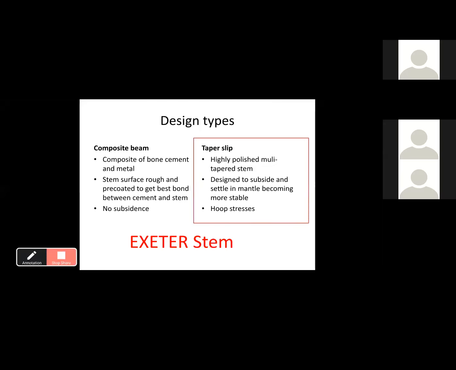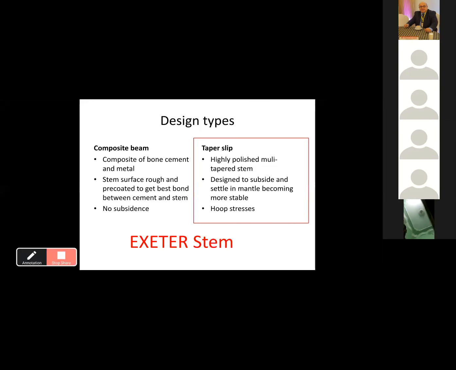at all. However, more modern designs include the taper slip type design, which is where you have a taper where it goes from wider approximately to thinner at the base, or from front to back, or from side to side. And this is like the Exeter type stem.